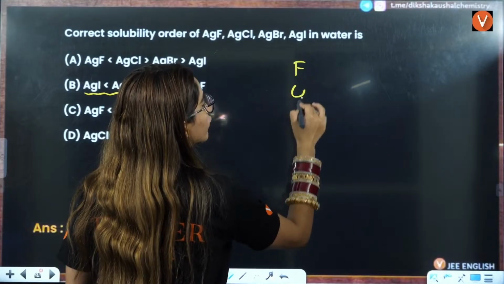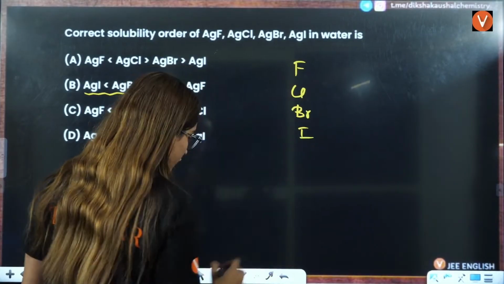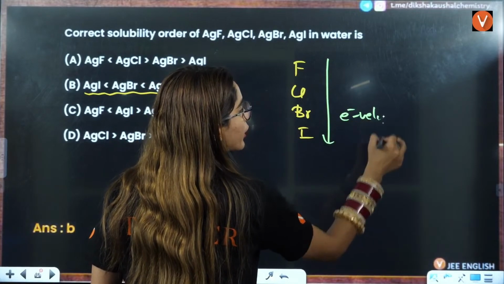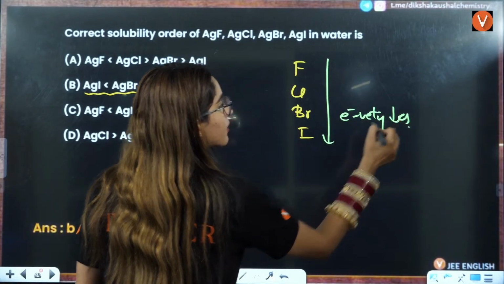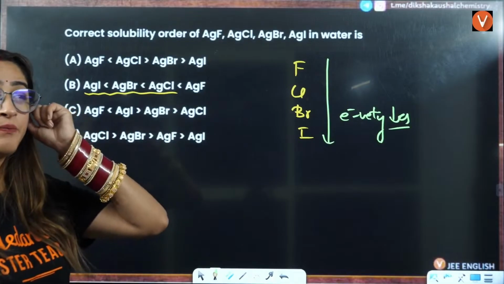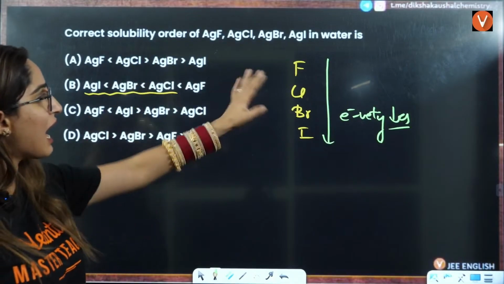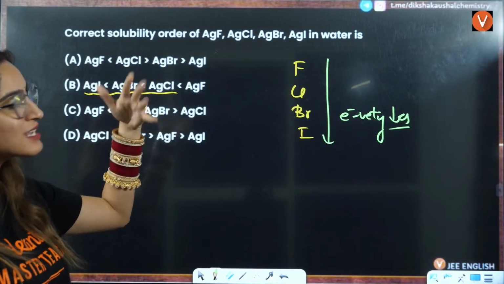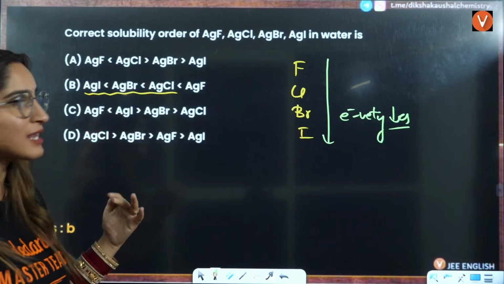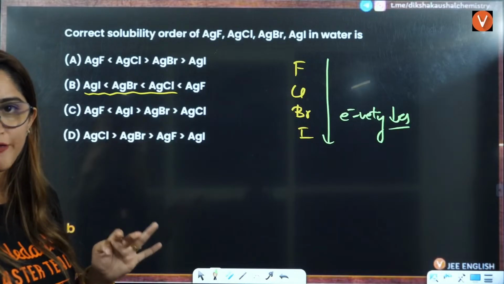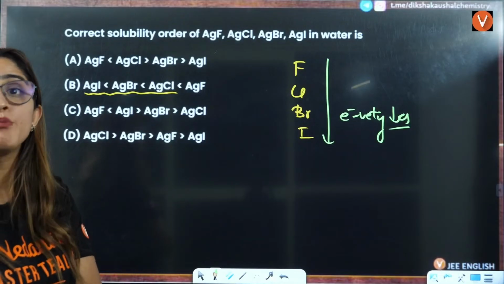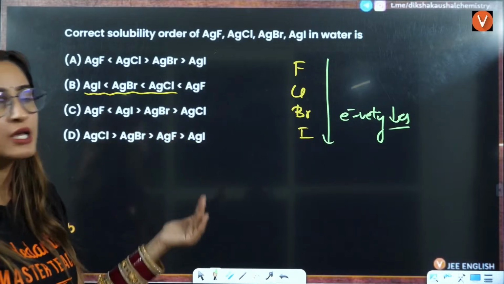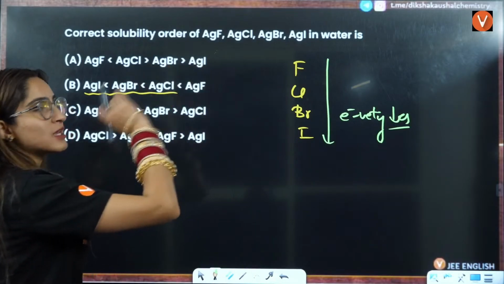If you go down the group, electronegativity is going to decrease. That means the Ag and I bond, because of the lower electronegativity difference, will be a more covalent bond, and that will be stronger, because the electronegativity is decreasing.